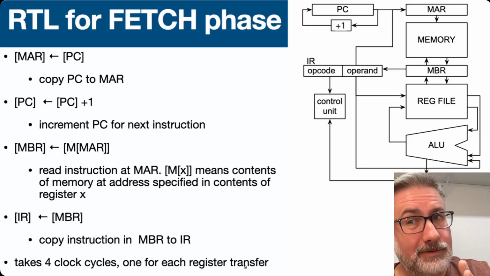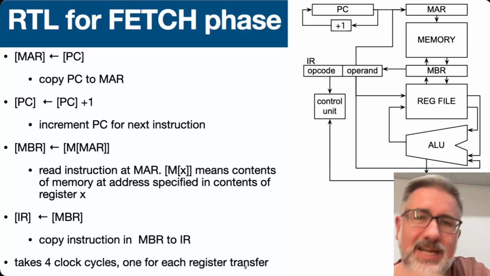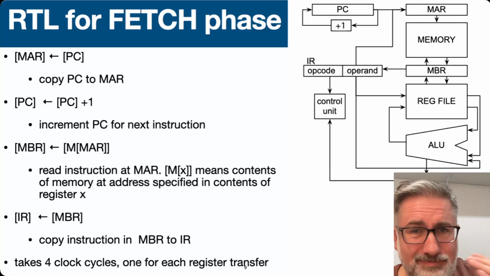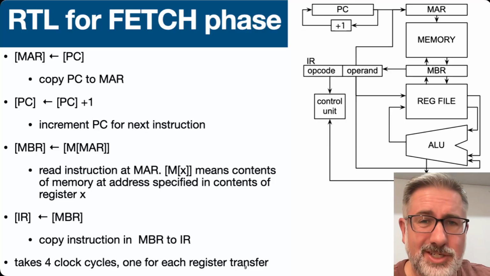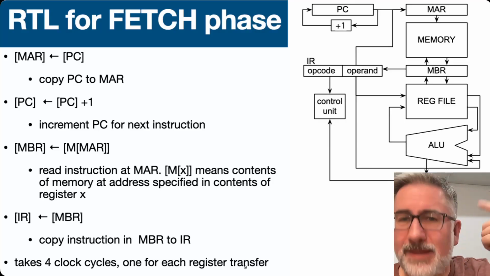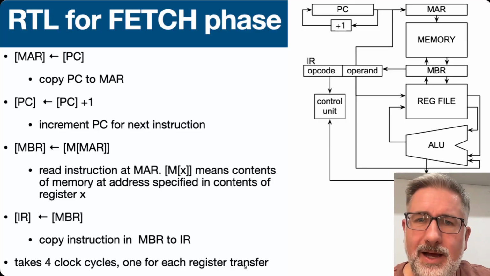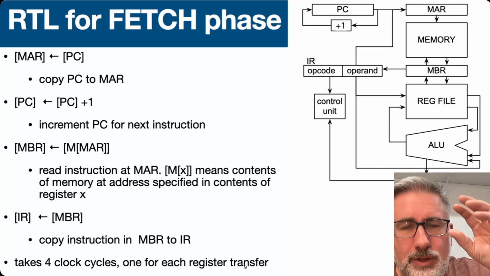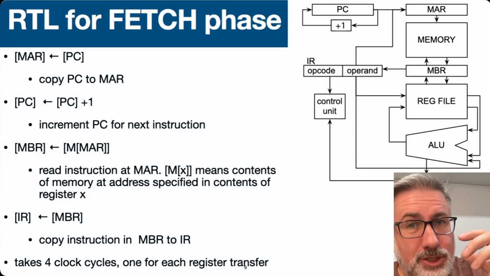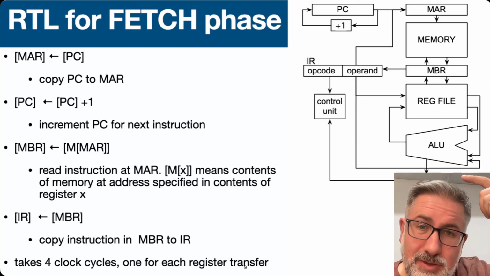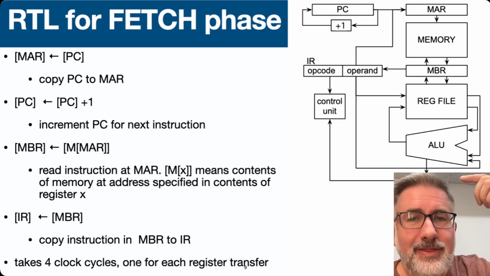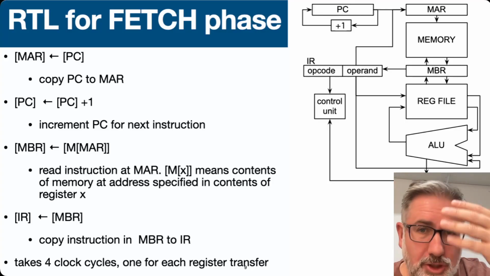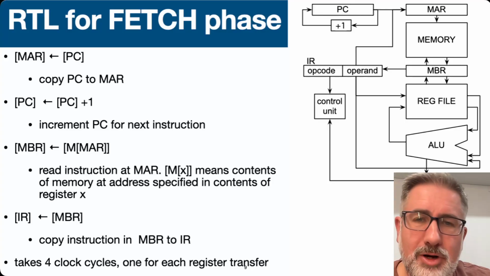That's one clock cycle. Then we're going to increment the program counter because we want to look at the next instruction. So that's PC plus 1. Again, that takes a clock cycle. And we'll see there are some optimizations we can do a little later. Then we're going to have the memory do its job, which is that the memory receives an address from the memory address register, and then it does whatever it's going to do, load or store or whatever, into the memory buffer register.